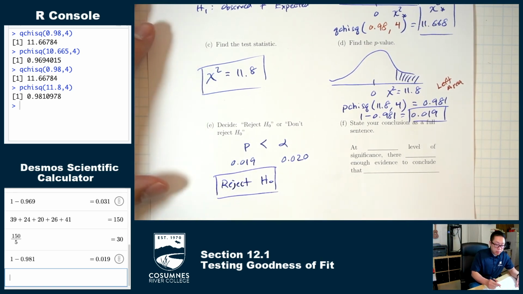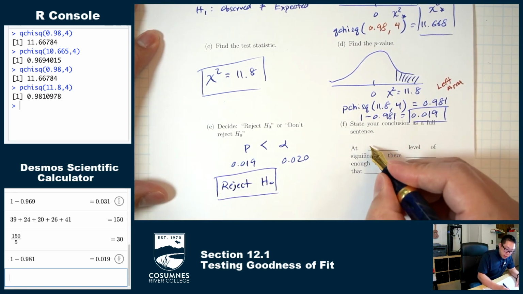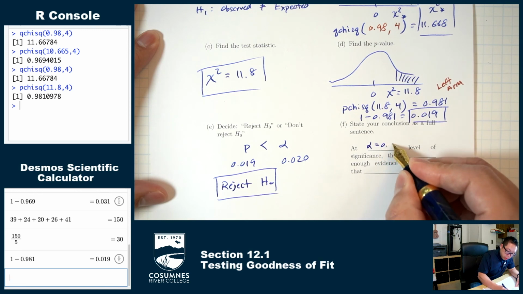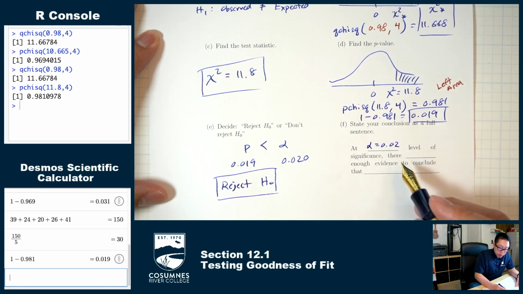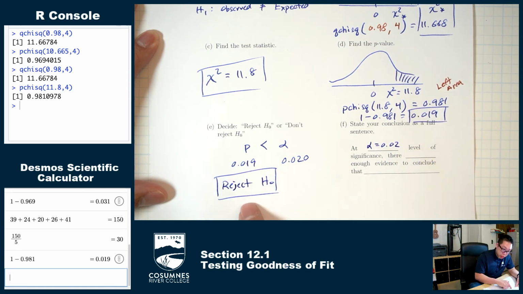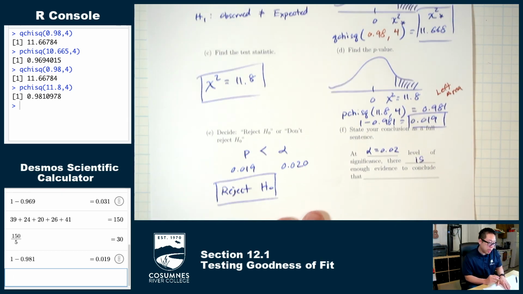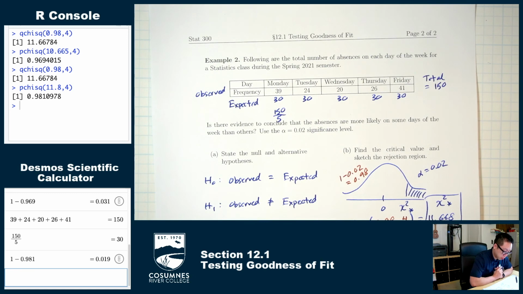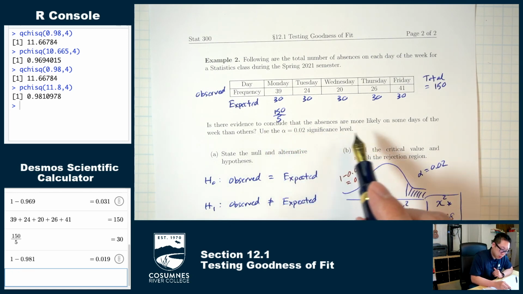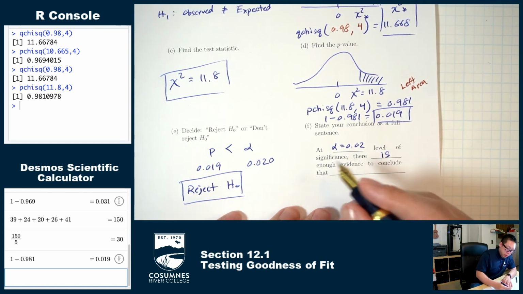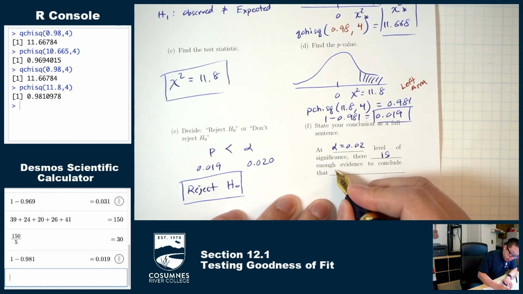And then finally the sentence: state your significance level, at alpha equals 0.02. Level of significance there is or is not, because we did reject, there is enough evidence to conclude that, what are we trying to conclude? Conclude that the absences are more likely on some days of the week than others.